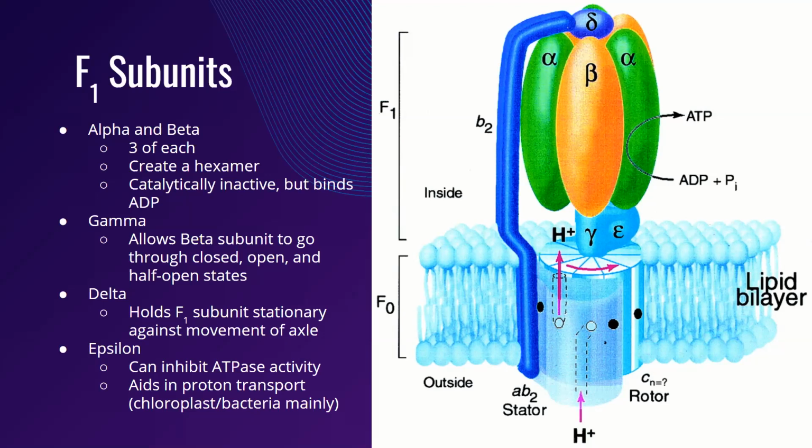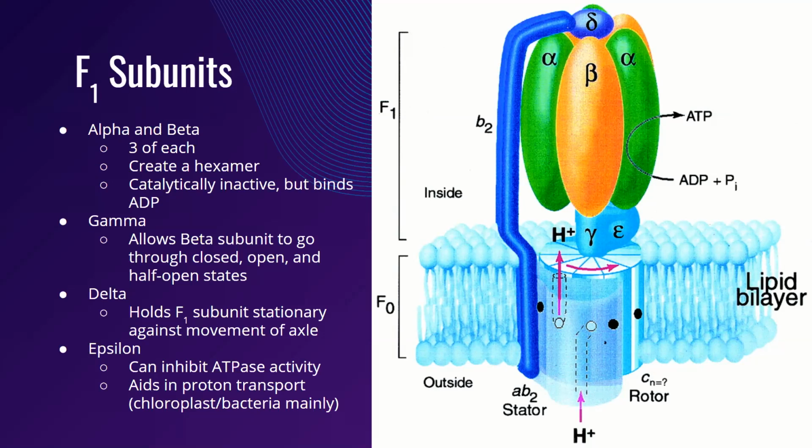There's also a section called the gamma section. This allows the beta subunit to go through closed, open, and half open states. What this does is move the shape of the enzyme in order to do different things and create a catalytically faster reaction.